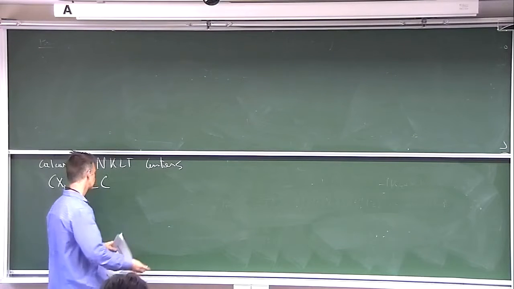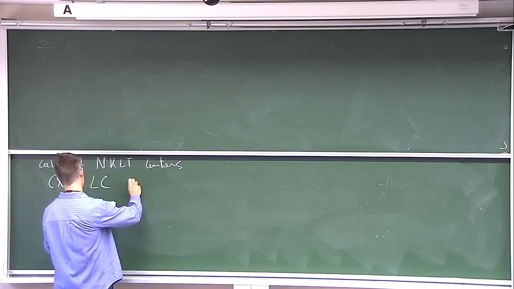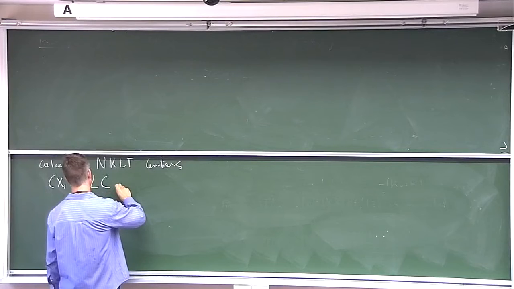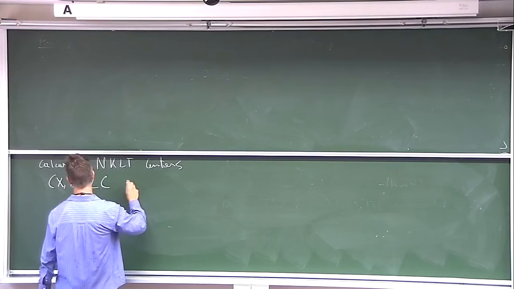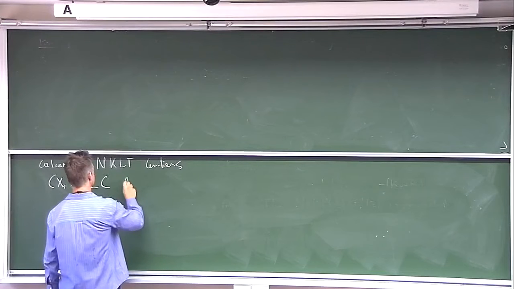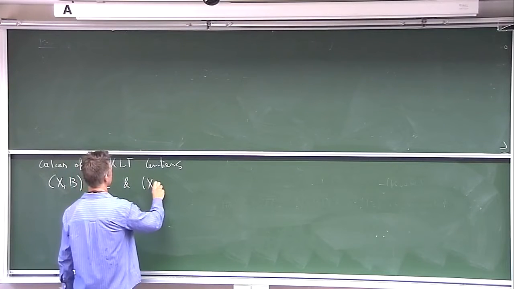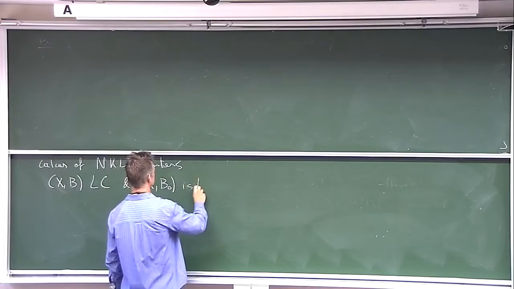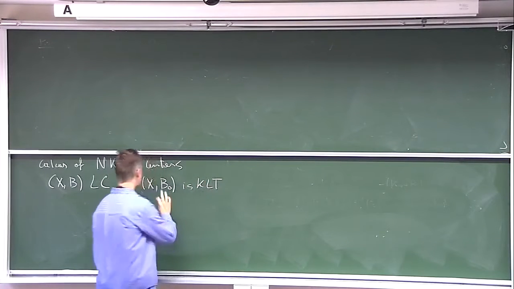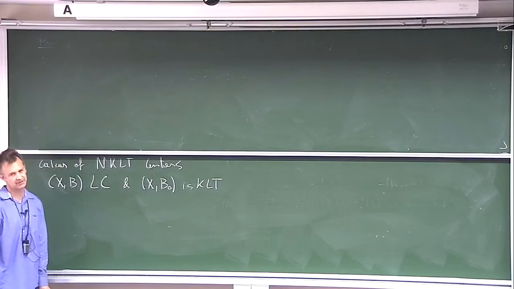And here's the first property. I forget if this is really necessary, but if you want an easy proof, assume that there's another boundary, let's say B0, which is KLT. This may no longer be necessary, I forget.